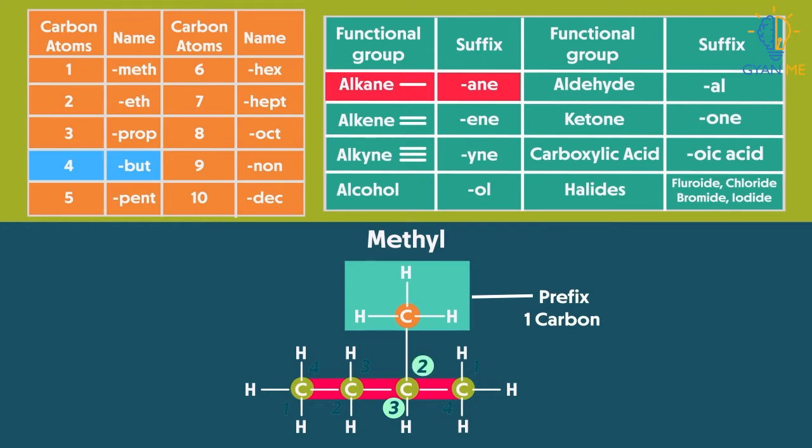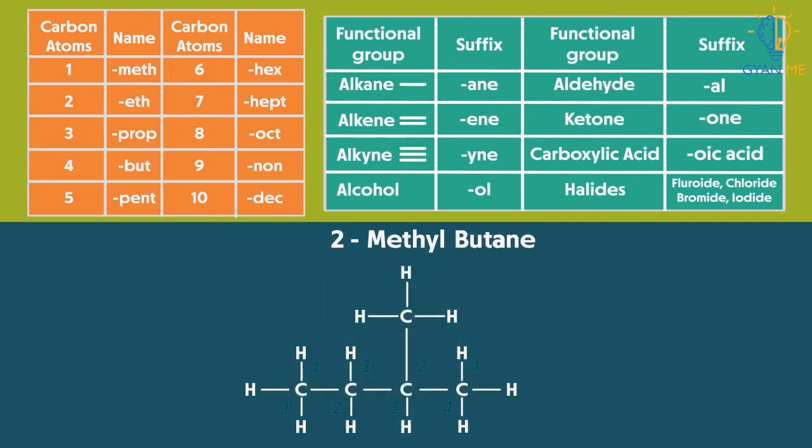Now put all these together to get this scientific name. First is the number, which is the location of the branch, that is 2, on which methyl group is present. Next is the prefix, which is the name of alkyl group, that is methyl, and then root and suffix sequentially, which gives the name 2-methyl-butane.